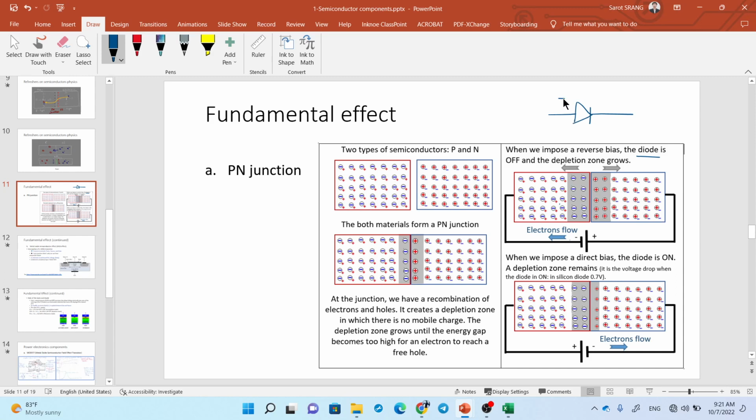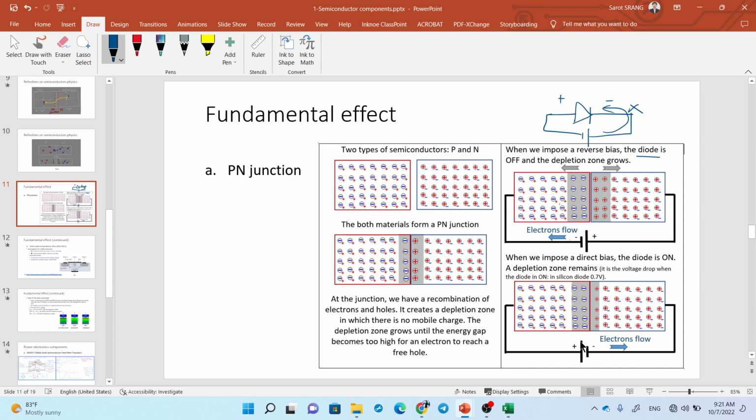Here it's called positive or anode, and this one is cathode. So if you connect the battery like this, the diode turns off. Okay. No current flows this way. No current flows this way. Okay, so it's turned off.